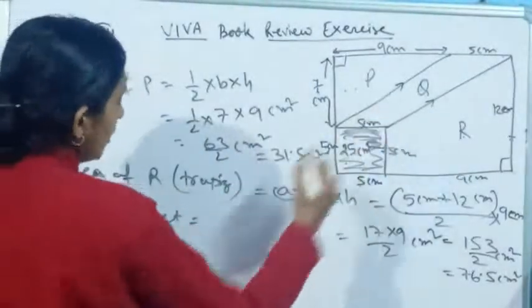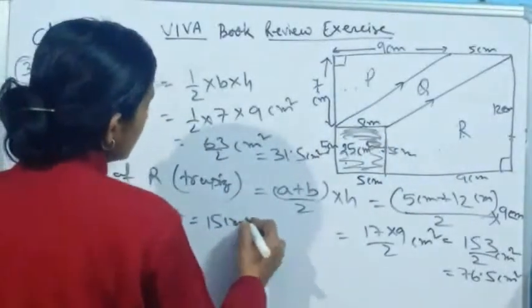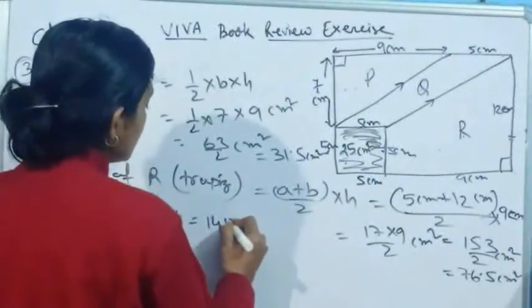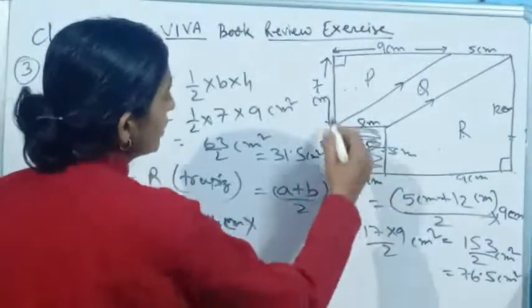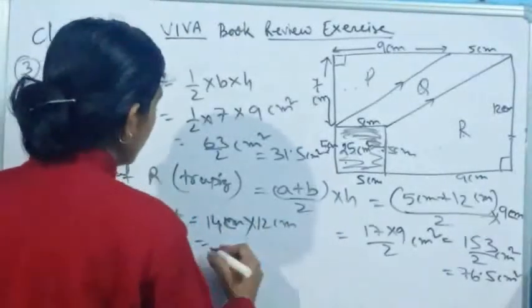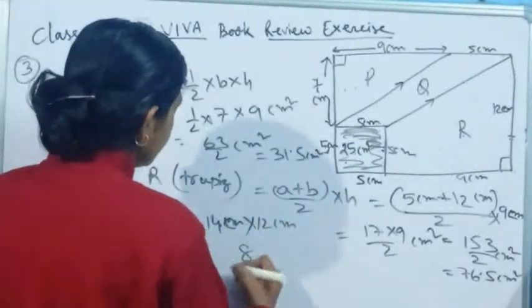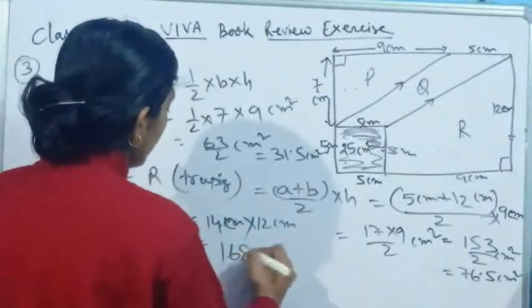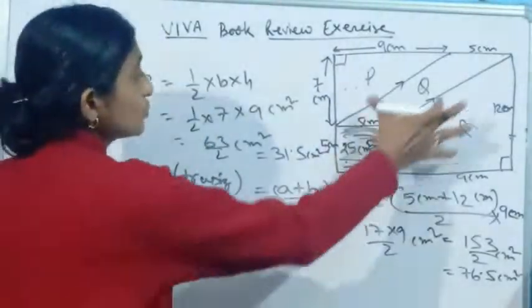Equal to how much? Length is 14 centimeter into breadth, that will be 12 centimeter, equal to how much? 168 centimeter square. This is the total area.